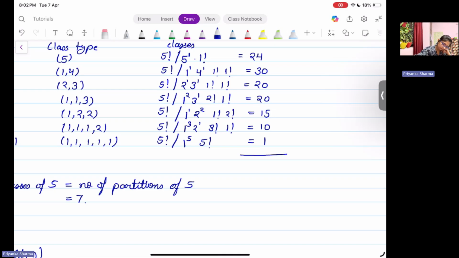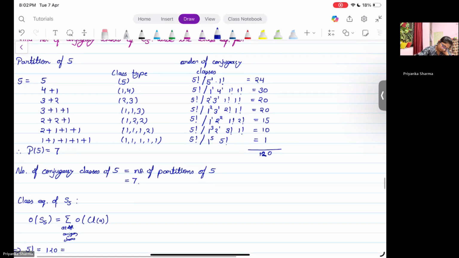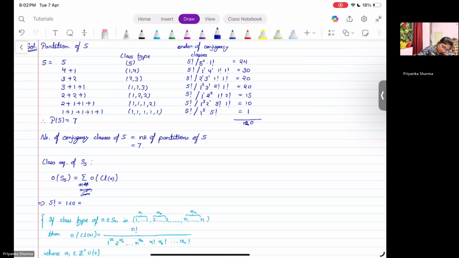So let's check what their summation is. We can write it as 24 plus 30 plus 20 plus 20 plus 15 plus 10 plus 1.